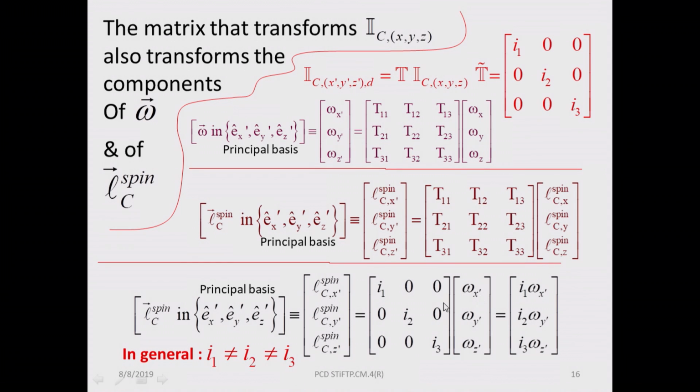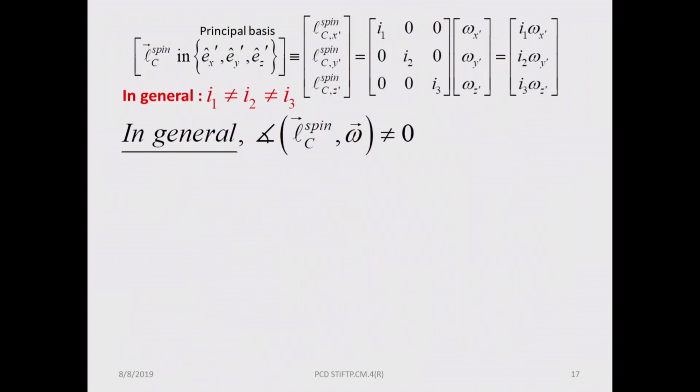Okay, it will happen only in some particular cases, because in general I1, I2 and I3 are not equal to each other. These are the principal components of the moment of inertia.